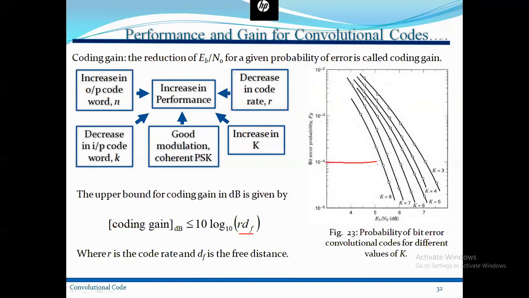So for any value of bit error rate, you can check that the performance is improved going towards the left, and it is improving by increasing the constraint length of the code.